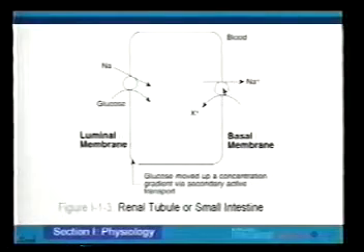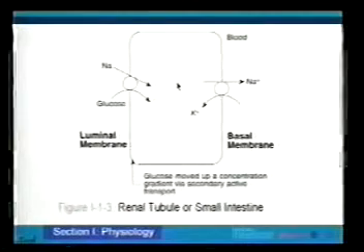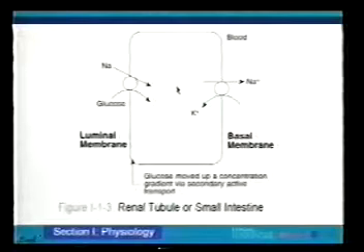If you begin to lose the sodium gradient across the membrane, the rate of uptake of glucose slows down. These are reasonable points to test in Step 1. They could ask you what happens to the rate of glucose uptake across the luminal membrane if you inhibit the sodium-potassium pump on the basal membrane. And this should be your reasoning to come up with the best answer. If I inhibit the sodium-potassium pump on the basal membrane, the intracellular sodium concentration increases.